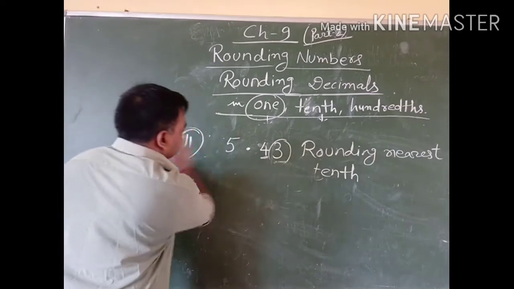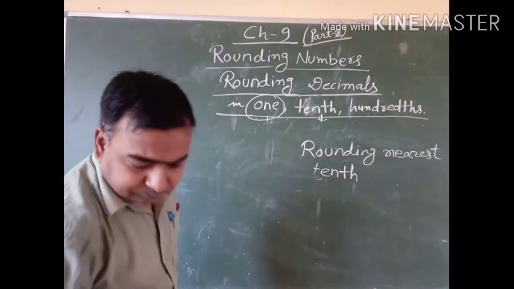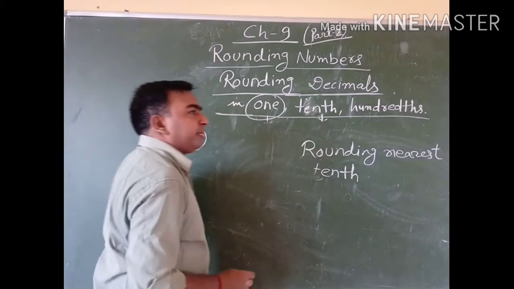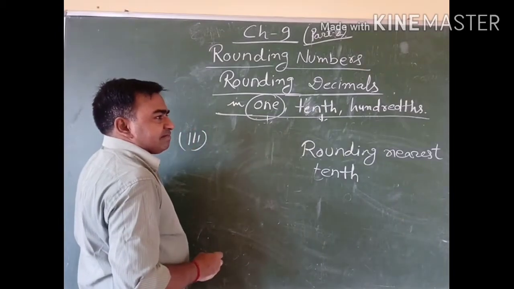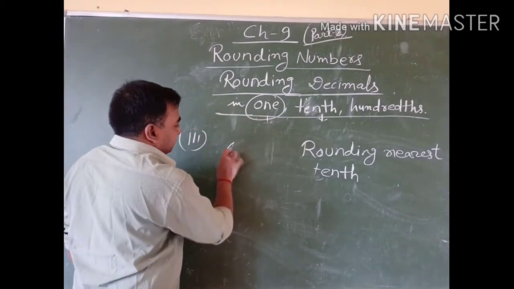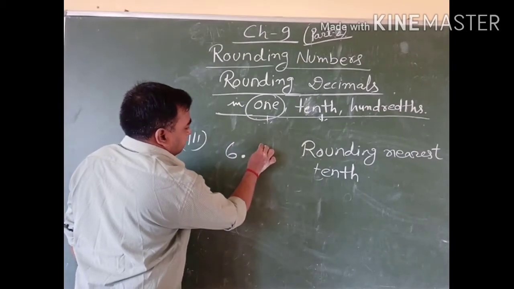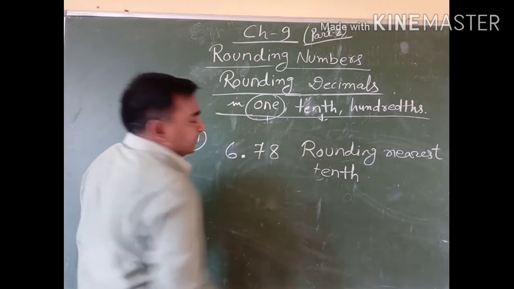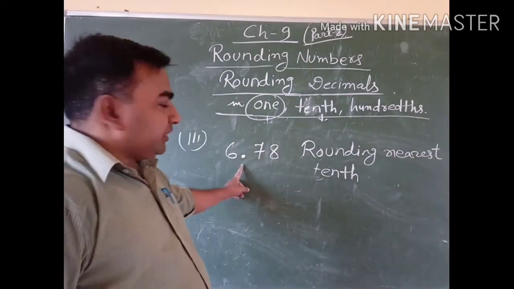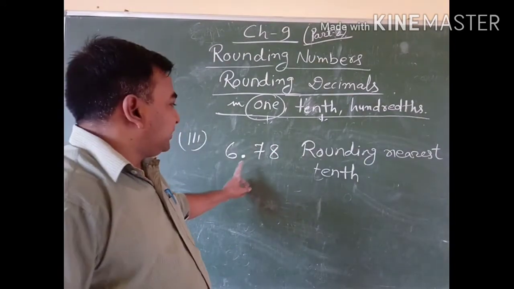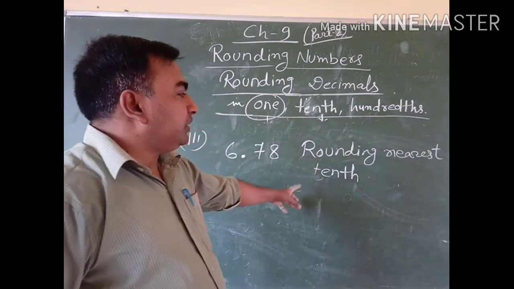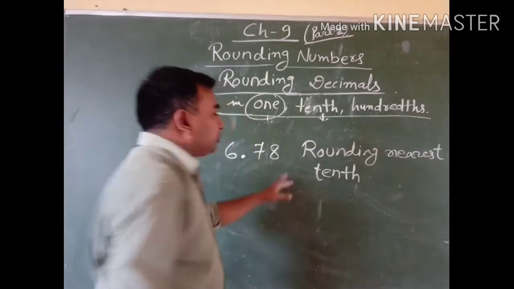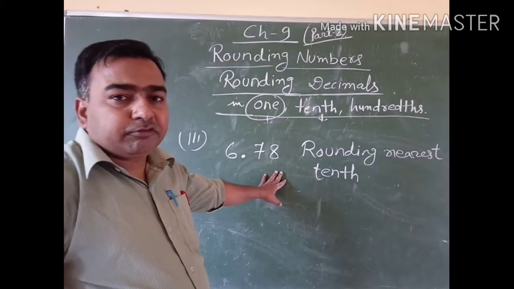Now come to the next question. I have written 6.78 and rounding nearest 10th. इसको भी 10th में nearest round off करना.